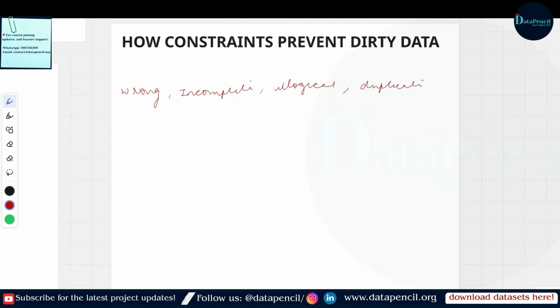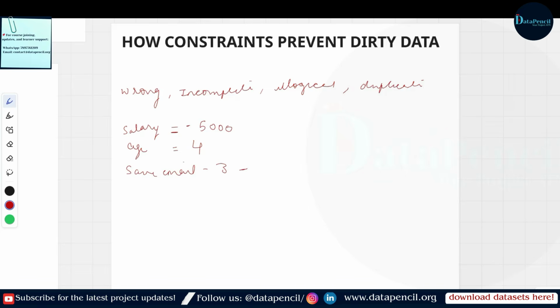Like suppose the salary. Suppose you have entered the salary as negative 5,000. Okay, suppose age, you have entered the age as 4. Okay, can any employee be of age 4? No. Suppose you have entered the same email for 3 users.